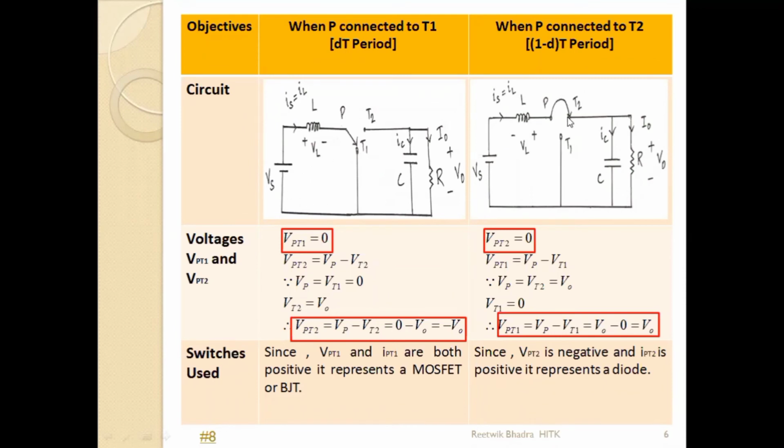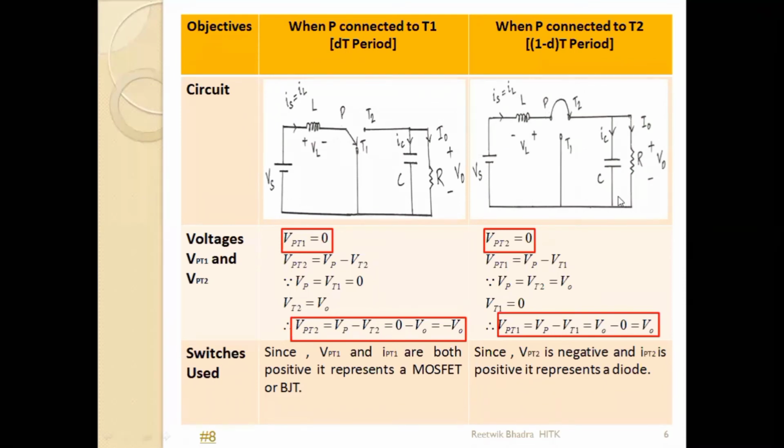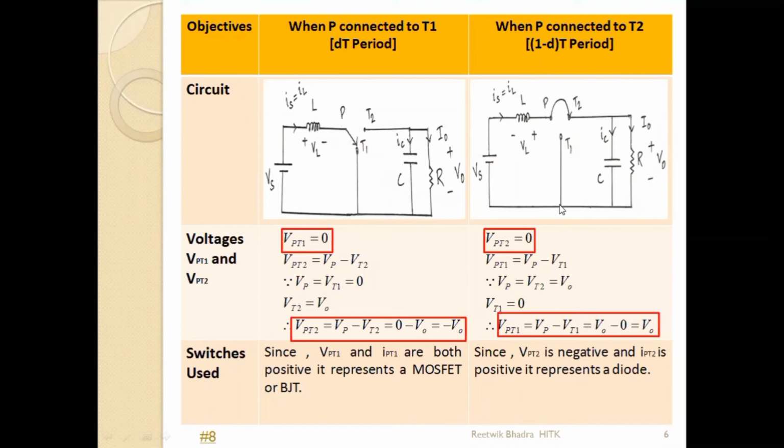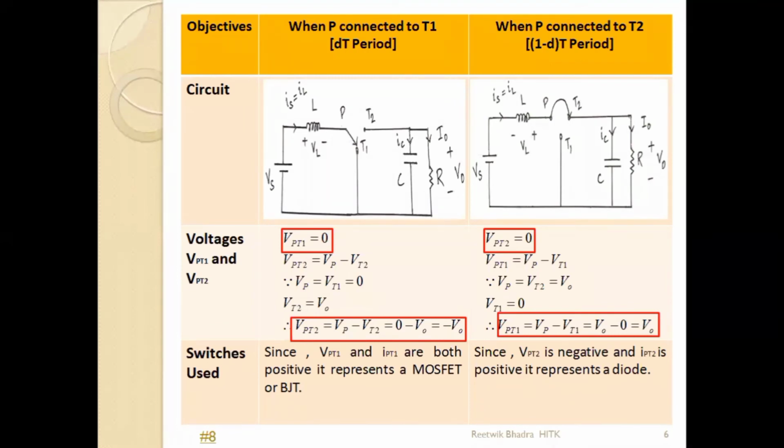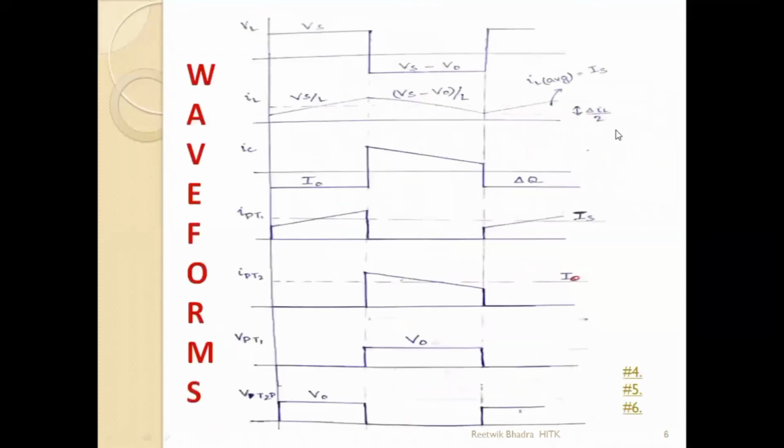And when P is connected to T2, what will be the average current? Both Is and I naught are flowing. What should be the average current? Anyone? If P is connected to T2, both Is and IL are flowing. Let's check.